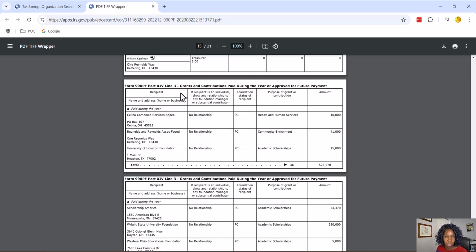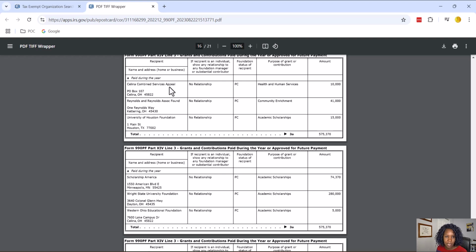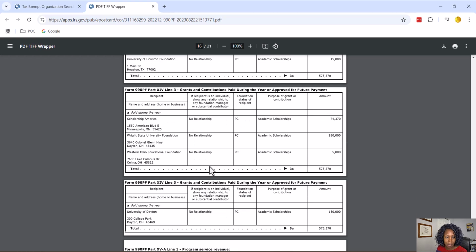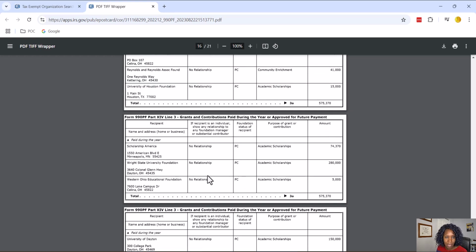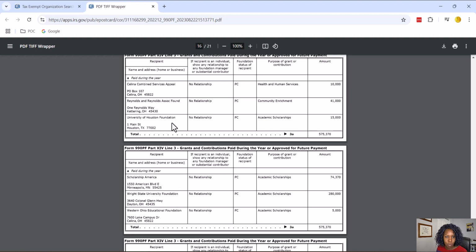And also what you can look at is where they fund. Okay. You can see Reynolds and Reynolds funds a lot of organizations in Ohio. Most of these are in Ohio, but there's one in Texas and there's one in Minneapolis. They fund an organization in Texas and Minneapolis.